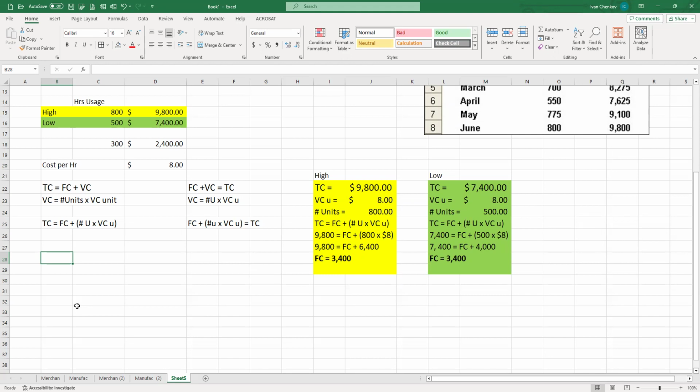I think so. Yes, you think so, right? So let's put it in the formula now. Now what are we going to have? The total cost will be equal to $3,400 plus number of units times cost per unit, which you already see is $8.